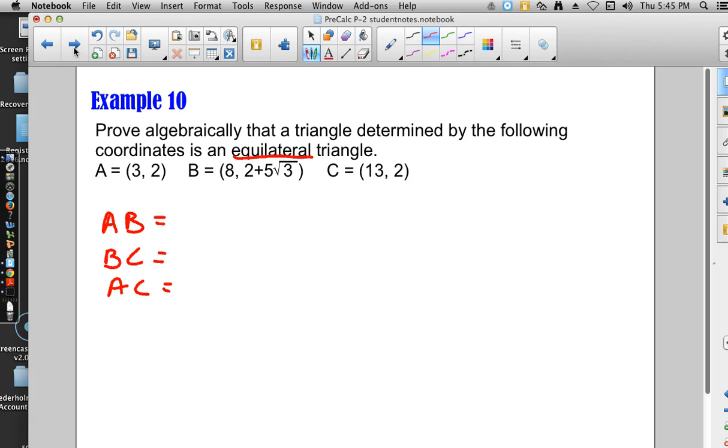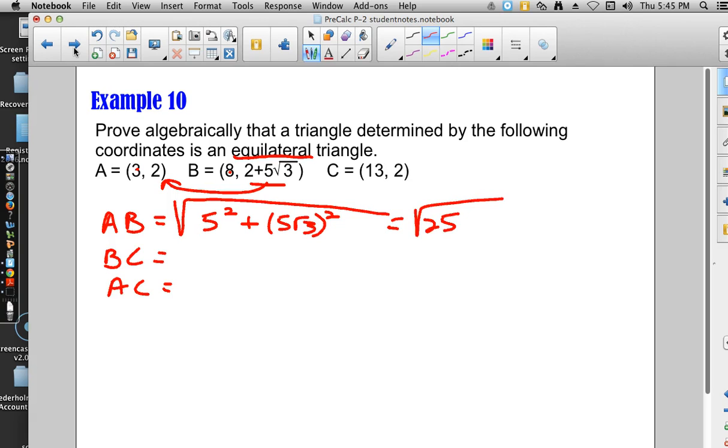So let's see. From A to B. 8 minus 3 is 5 squared. Plus 5 times the square root of 3, squared. Let's see what that comes out to be. 5 squared is 25. But what happens to this 5 root 3 squared?